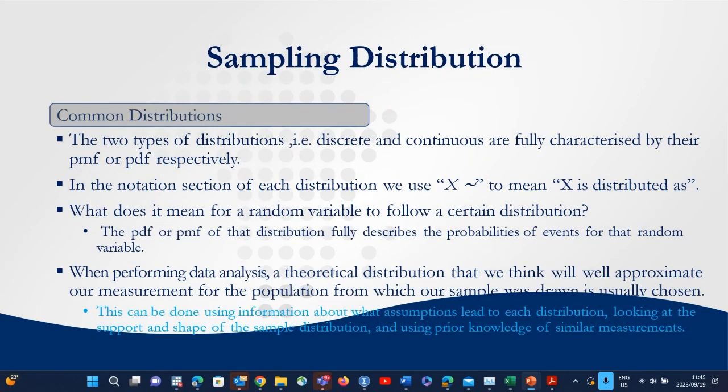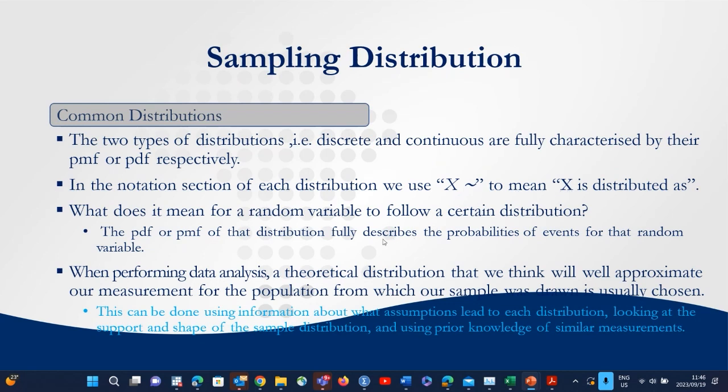So in terms of the distributions, I showed you the example of the discrete. For the continuous, there is some information in the slides which I didn't cover, but they are fully characterized by their probability density function for the continuous, and the probability mass function for the discrete. In the notation section, you will see in the different textbooks, they will use this symbol to say that the variable is distributed as.